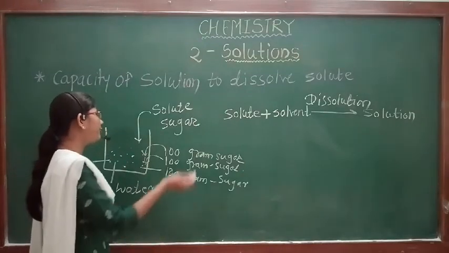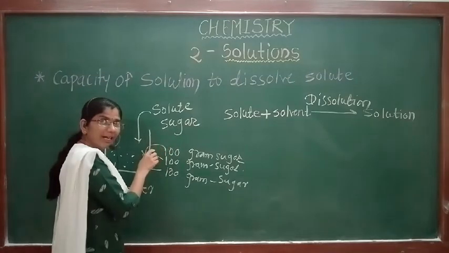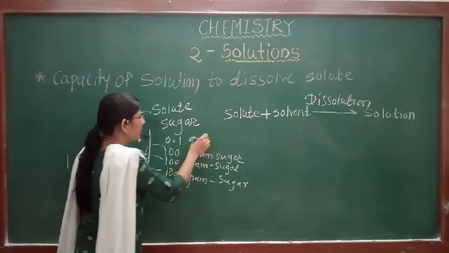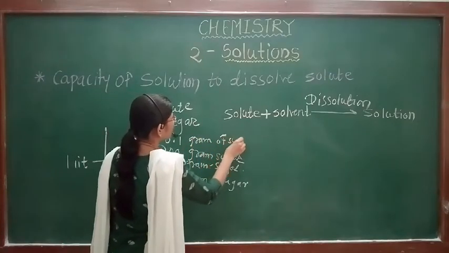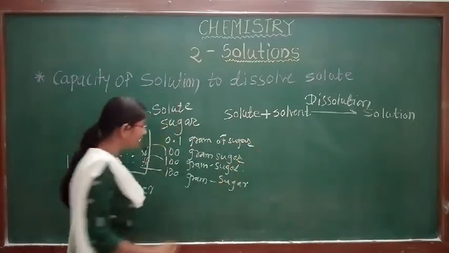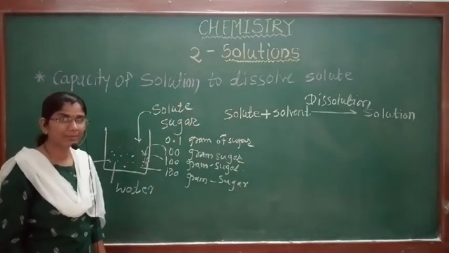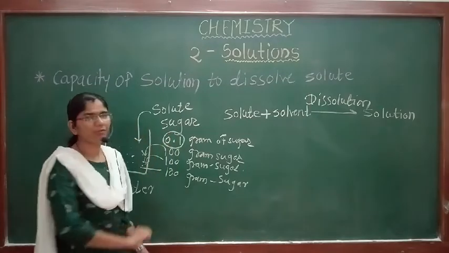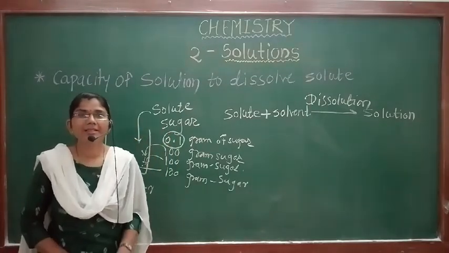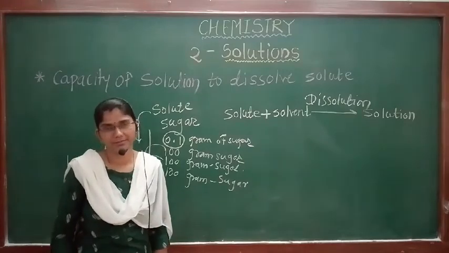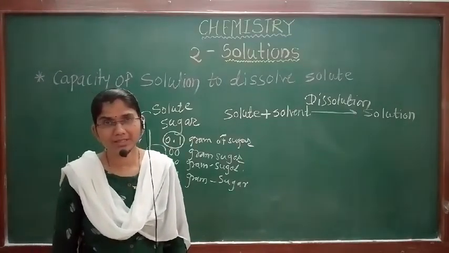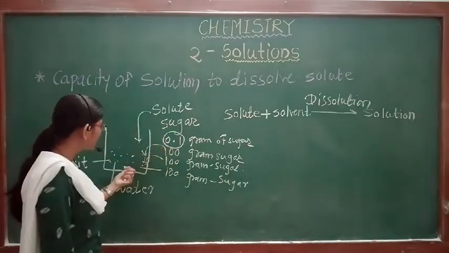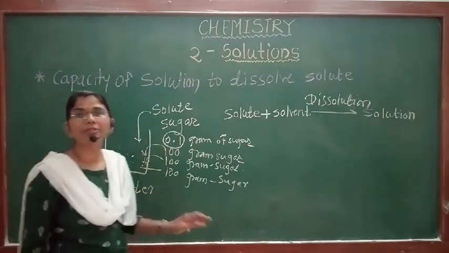If we add a fourth time 0.1 gram of sugar, then the dissolution is stopped here. The dissolution of this 0.1 gram of sugar is stopped.